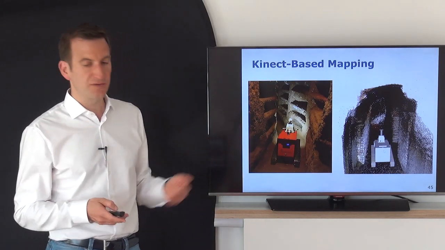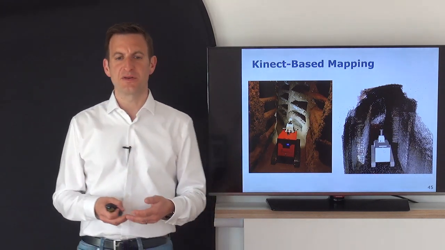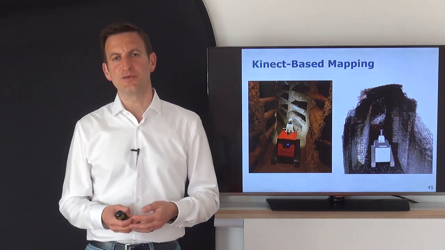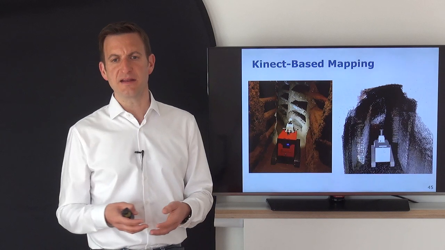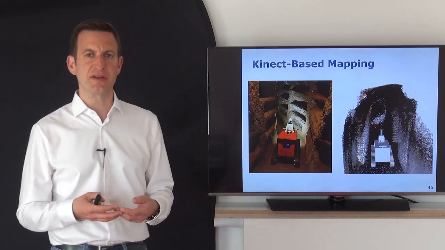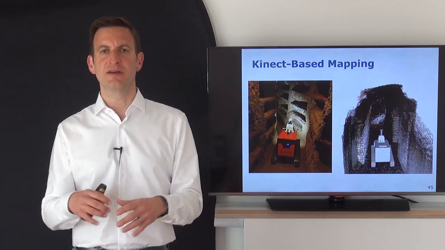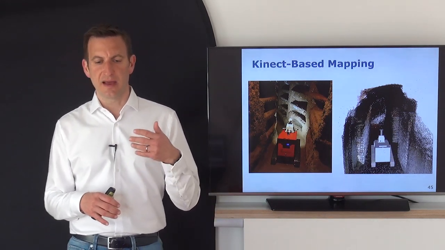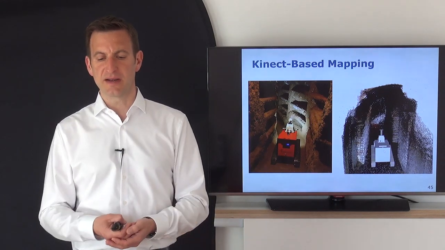What you see here is a robot that we have built to explore Roman catacombs within a European project. It used a mapping system taking into account the data from Kinect style sensors, actually from three different Kinect style sensors installed on the front of the platform, perceiving the environment and registering them with the help of the ICP algorithm into a consistent set of point clouds, and then running a SLAM algorithm.